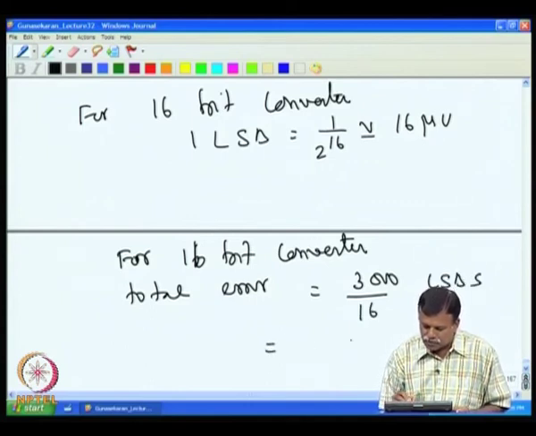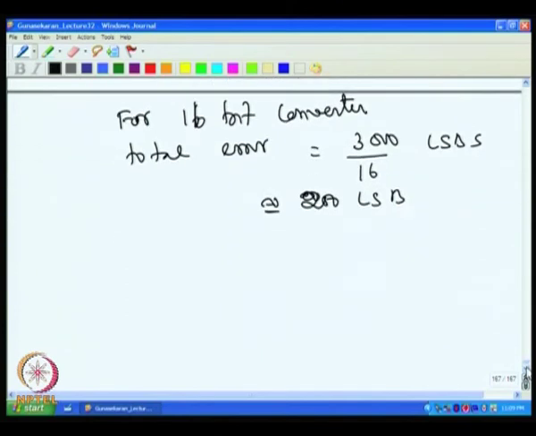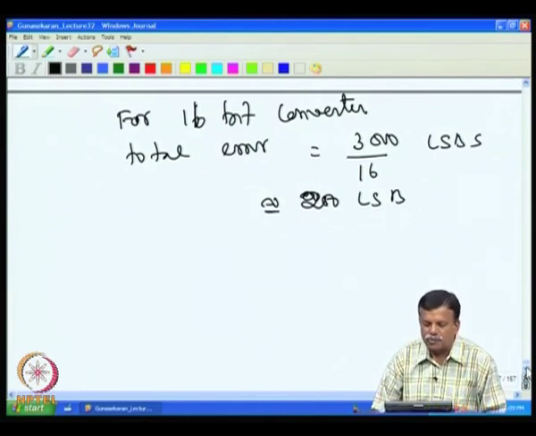That would be equal to nearly 200 LSB error. You see that soon, when you go for higher and higher bit converters, even the reference needs to be very stable, otherwise there is no point in claiming 16-bit accuracy if you are using this 30 ppm reference voltage source. So, one had to go for a 1 ppm reference source.